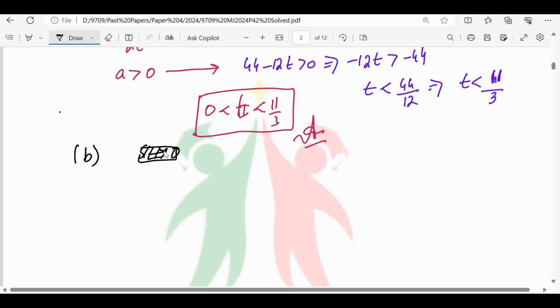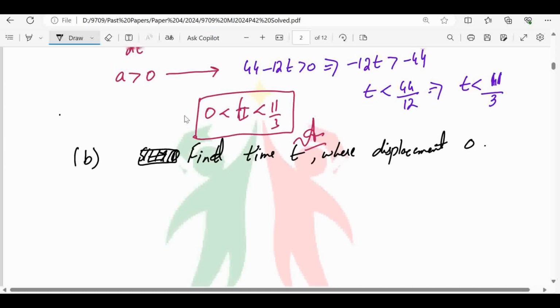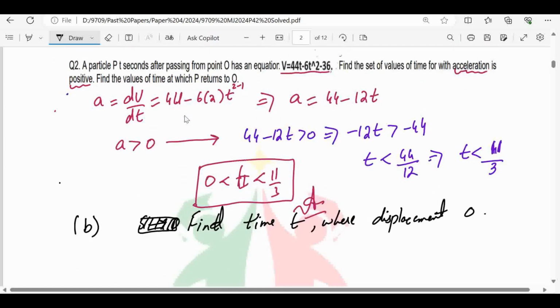Let me simplify it: find the time t where displacement will be equal to 0, other than the initial condition, of course. Now how can we find it out?